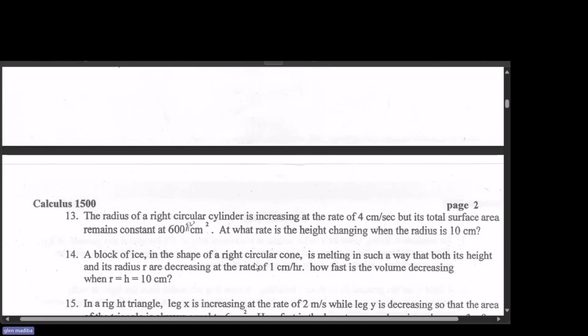I know that the height for this ice, dH over dt, I said, is minus 1 centimeter per hour, because it's decreasing. And then the radius is also minus 1 centimeter per hour.